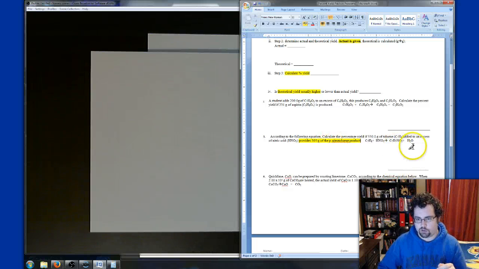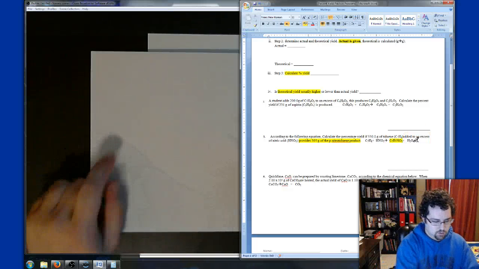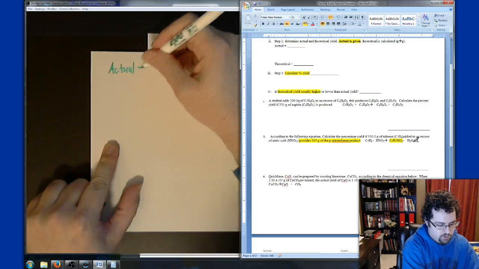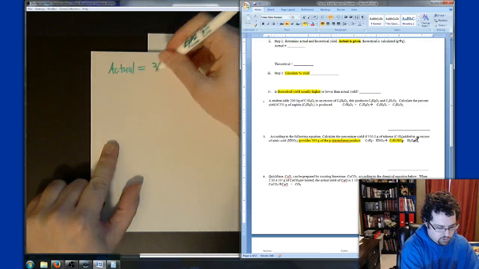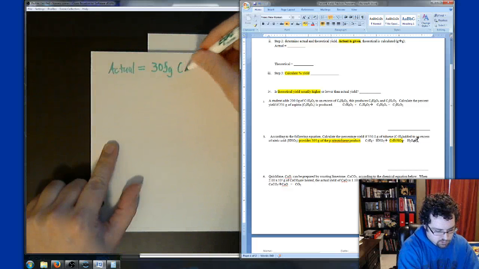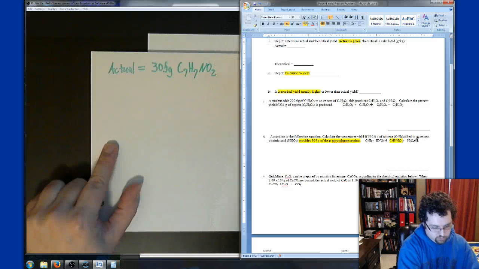There's only 2 products and one of them is water. So I'm going to bet that this one is the p-nitrotoluene product. So my actual yield for this problem is 305 grams of C7H7NO2.